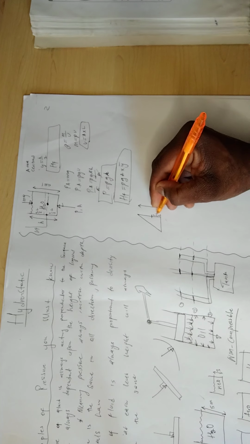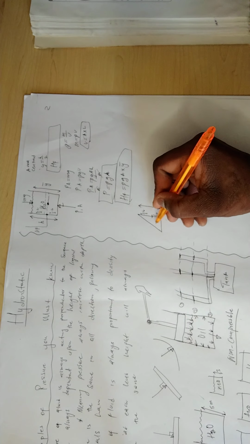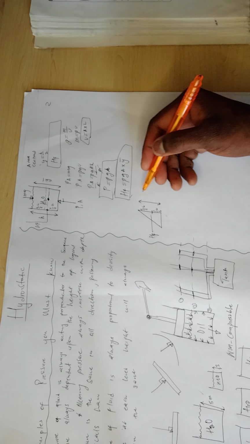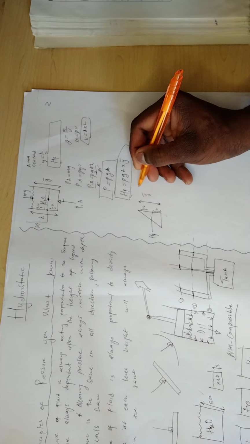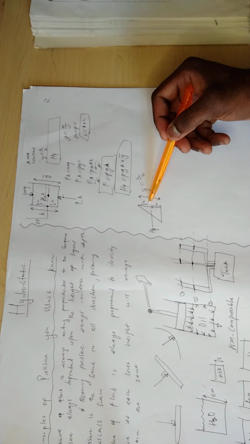It's going to be 1/3 of h, 2/3 of h. This is where your hydrostatic force is going to act upon. But for your y bar, it is going to be height divided by 2.